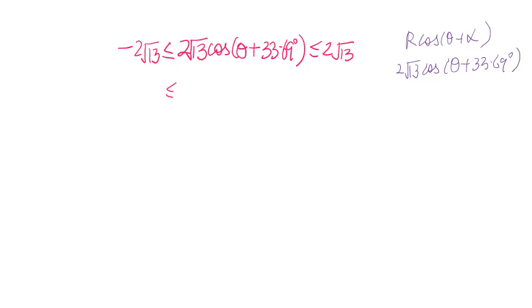Okay, so in the earlier chapter, if you've already forgotten, please go back and look at, I think it's chapter 10, when we talk about the trigo curves. We mentioned about maximum minimum point, right? So the maximum value for this will be 2 square root 13, and the minimum value will be negative 2 square root 13.